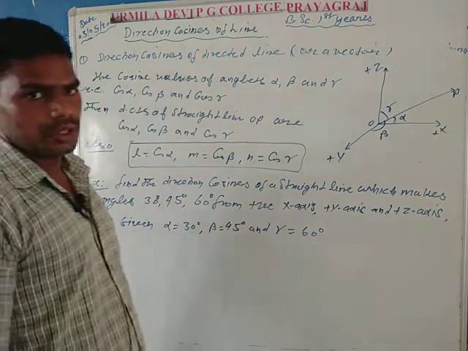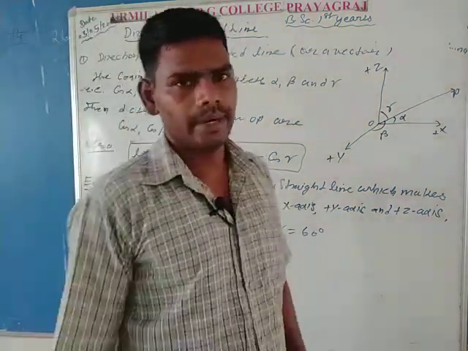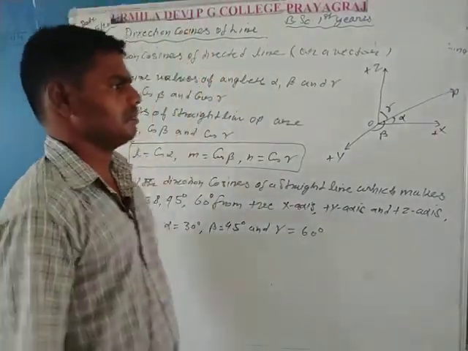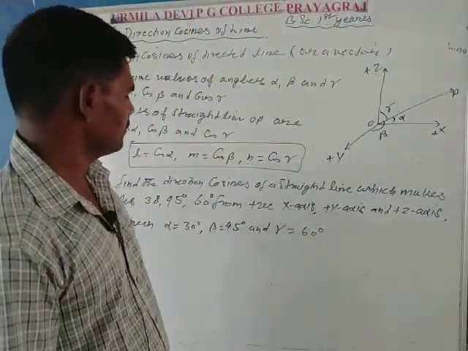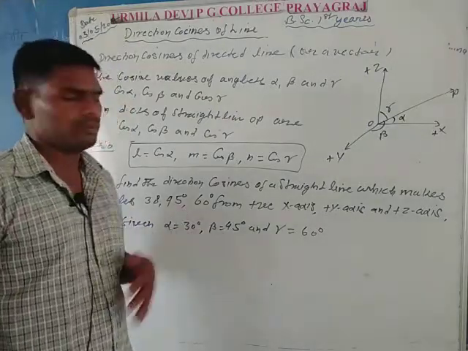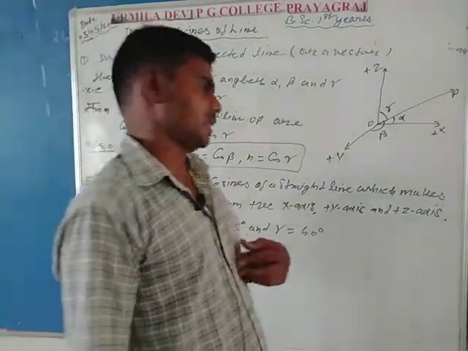You can use the formula directly and find the direction cosines of the given line which makes some angles with the positive x-axis, y-axis, and z-axis.